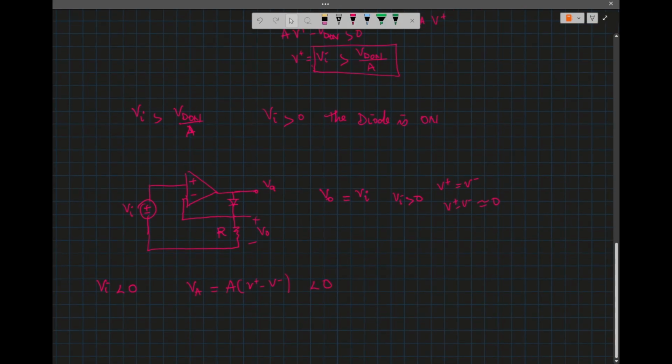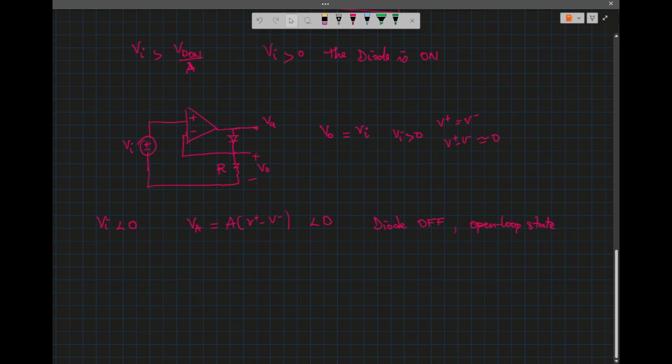So when it's negative, the diode will be off. The diode does not conduct. So when the diode is off, I break the loop. So the op-amp is going to be in open loop state.